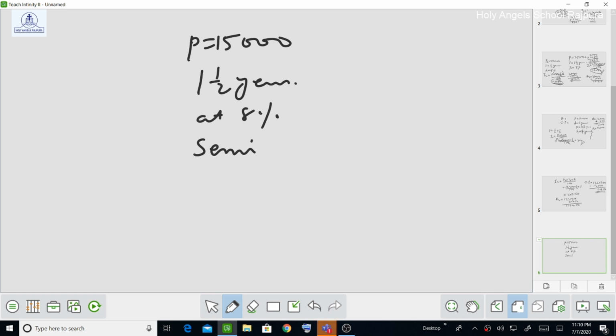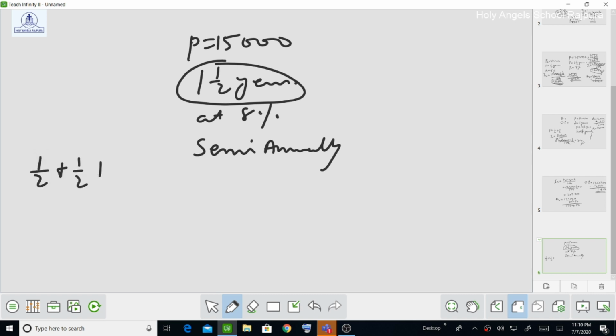We have 15,000, semi-annually. Let us see how many half years are there in 1.5 years. It can be split into half plus half plus half. That means 3 half years. So we have to calculate I1, I2 and I3.